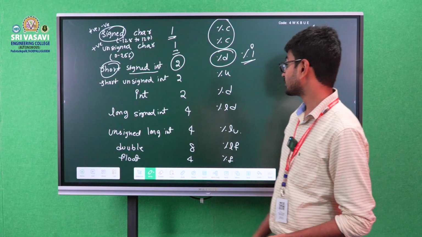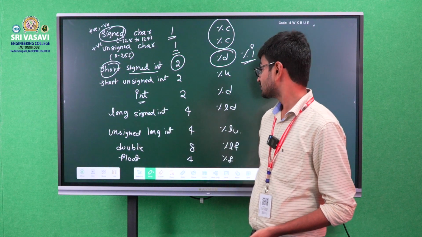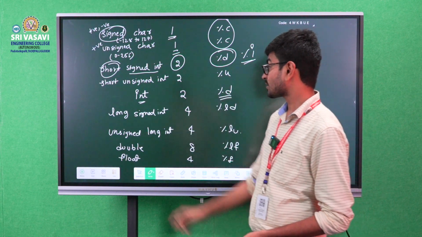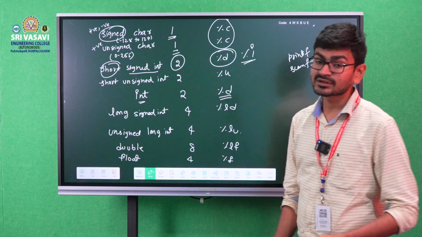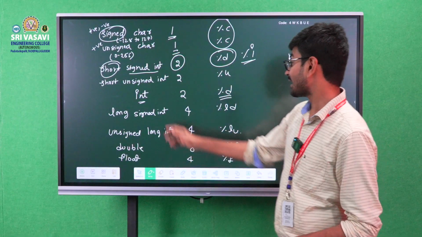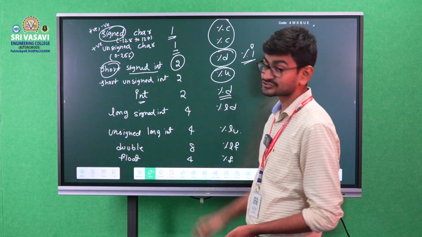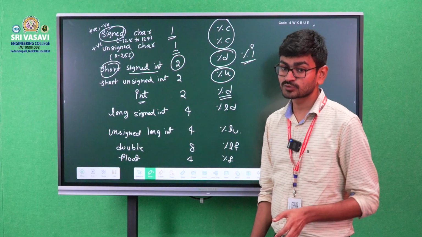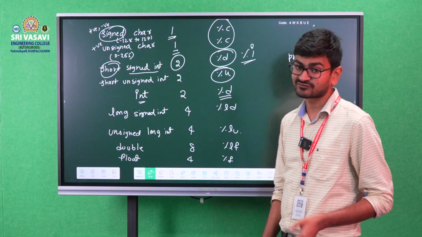Unsigned means we can store only positive, not negative numbers, so we can use %u as the format specifier. These format specifiers should be used in the functions printf and scanf only.